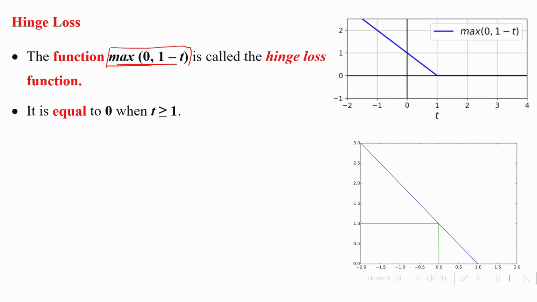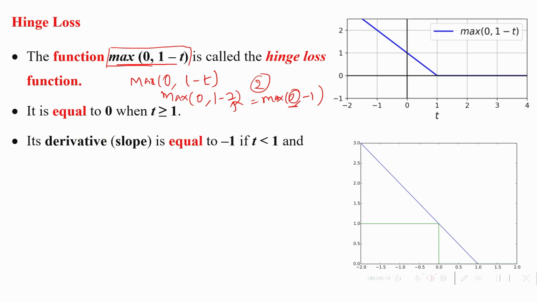For example, if t equals 2, then max of 0 comma 1 minus 2 is max of 0 comma minus 1, which is 0. Like that, we find the function value.